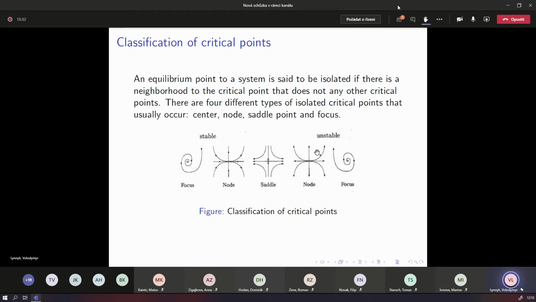Then this is an unstable node when both eigenvalues have positive real parts, and this is an unstable focus when the real part of the complex eigenvalues is positive, and here is a stable focus when the real part of the complex eigenvalues is negative.